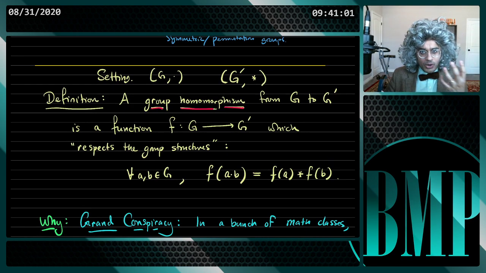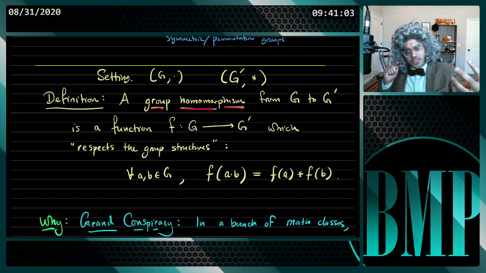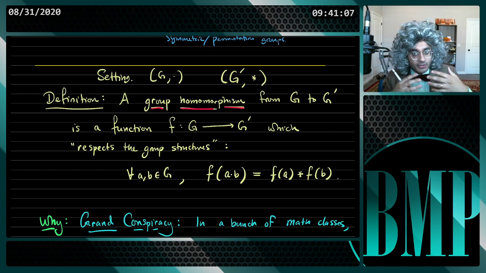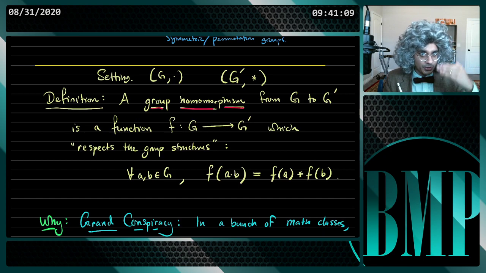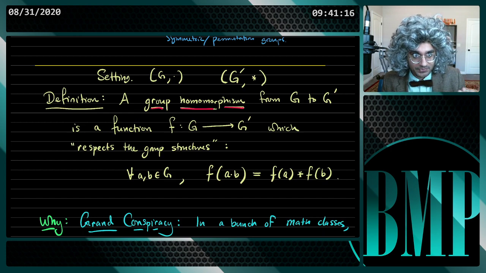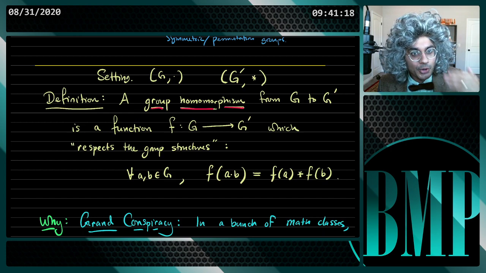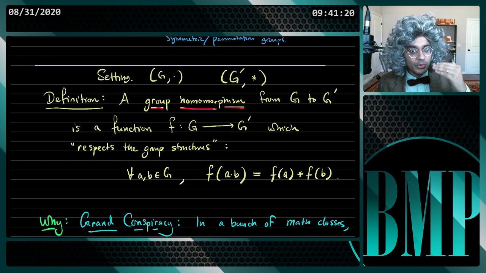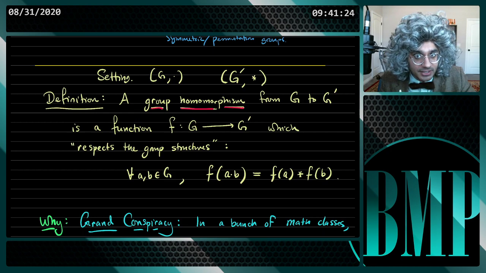We're now talking about when you have two groups, we're specifying a particularly nice collection of functions from one group to the other, the ones that play well with the group structures on either side. Okay? And group homomorphisms are the tool by which we can start to say how one group is related to another.